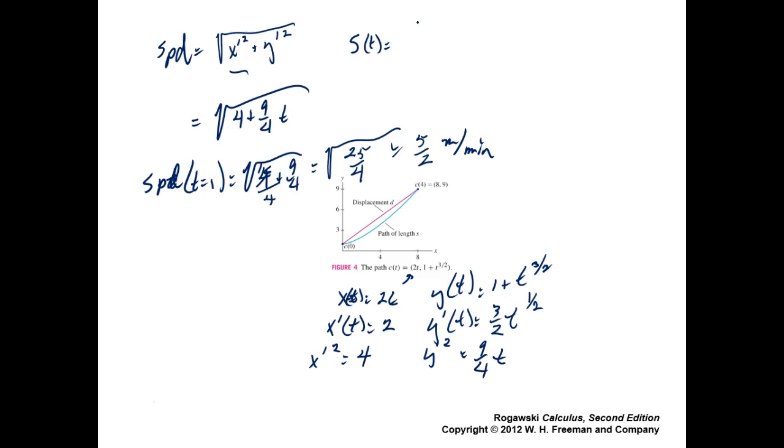What is this going to be? The integral from 0 to 4 of the square root of, what goes in there? Same thing we just had, 4 plus 9/4 t, then a dt, right?